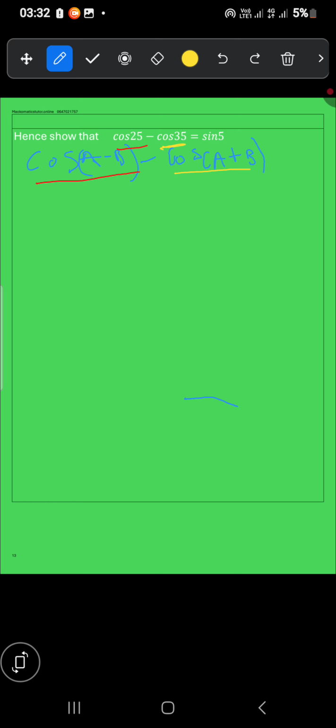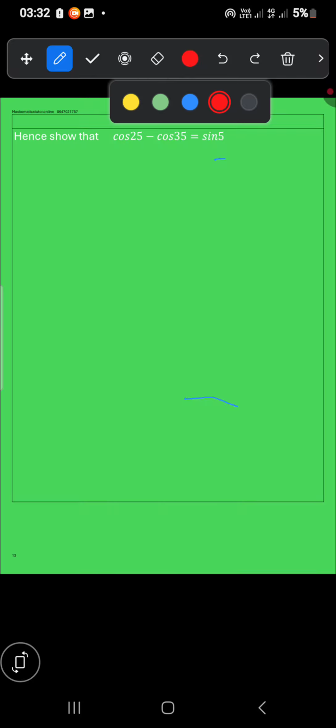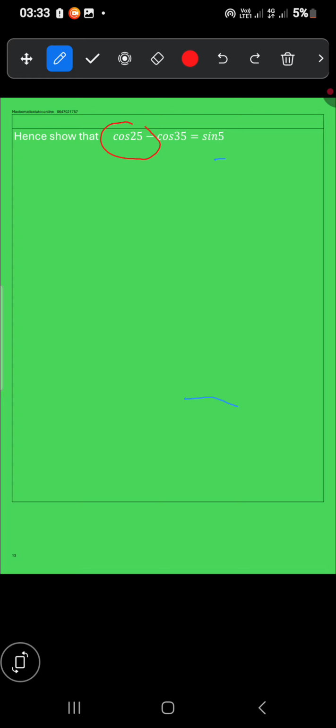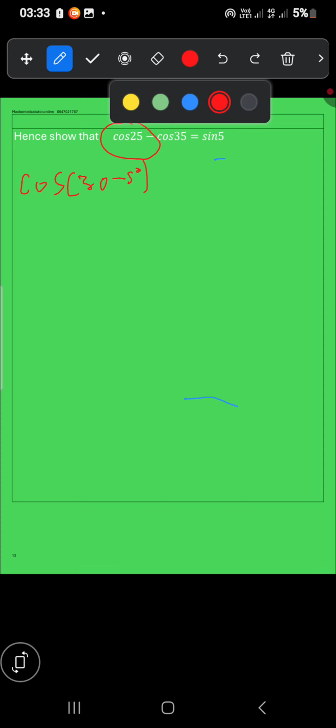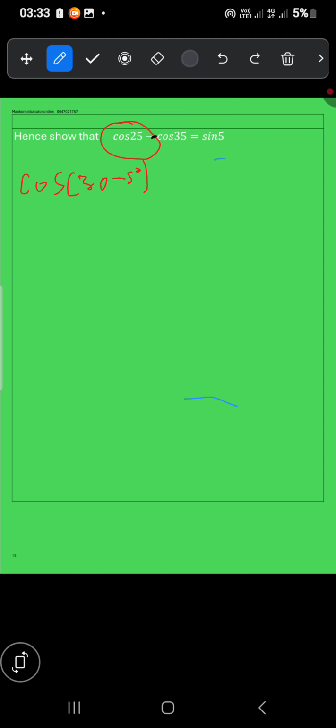So the red one. So what I'll do is this. Simplify this in red. This is going to be cos of 30 minus 5 degrees. Then this minus here, black.